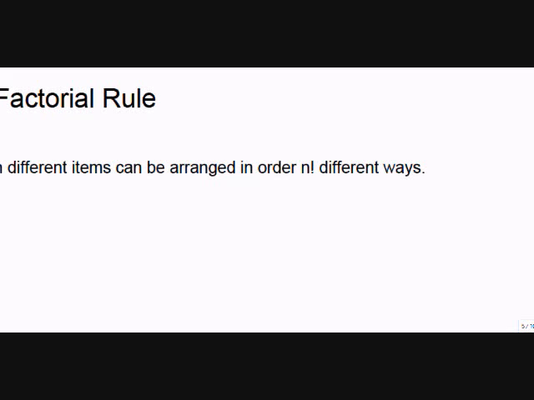So if I have 5 numbers, let's do 1, 2, 3, 4, 5. How many different arrangements can I make of those numbers? Well, it could be 1, 2, 3, 4, 5. It could be 5, 3, 4, 2, 1. It could be 1, 3, 4, 5, 2. Oh, there's a bunch.